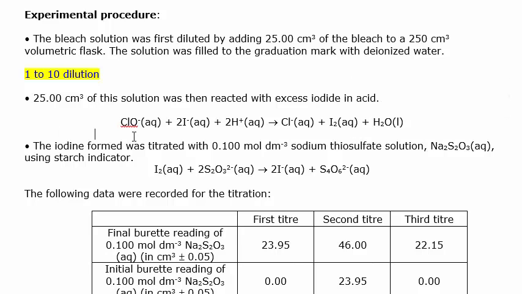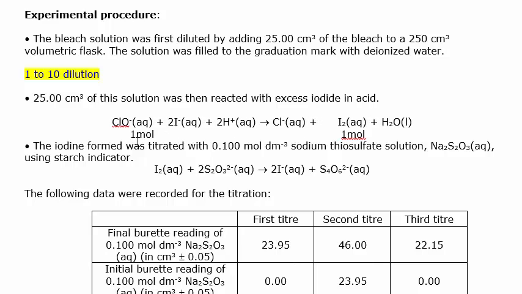We could put that in there. 1 mole, 1 mole. This just reminds us exactly what's going on: 1 mole of hypochlorite produces 1 mole of iodine.